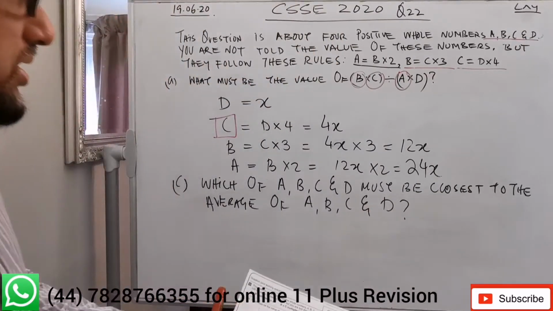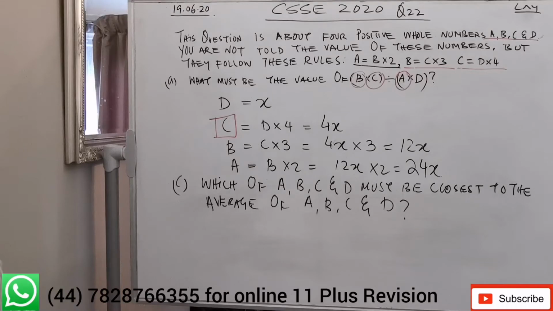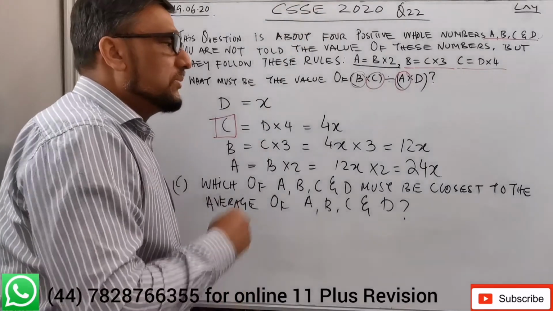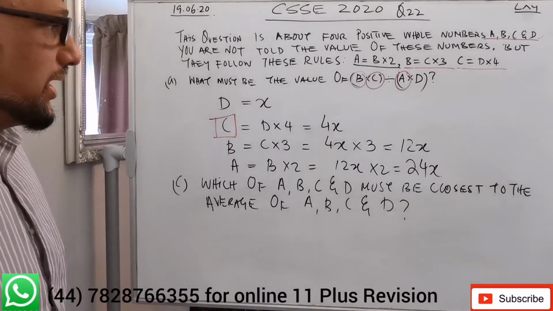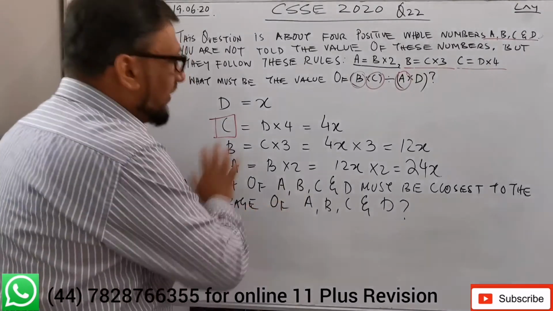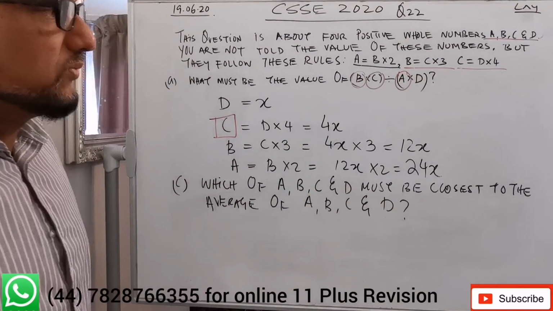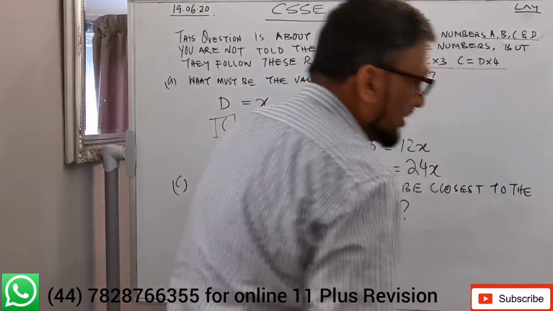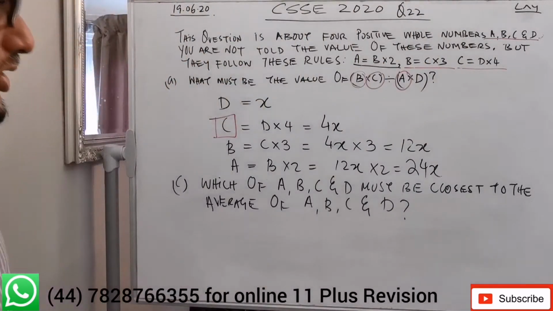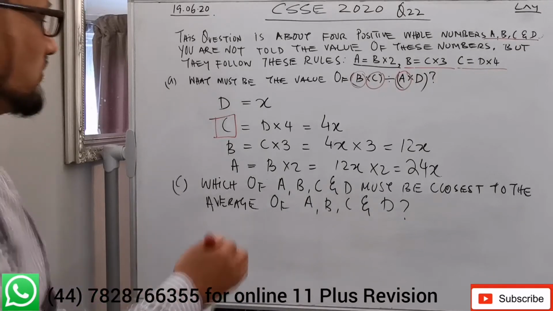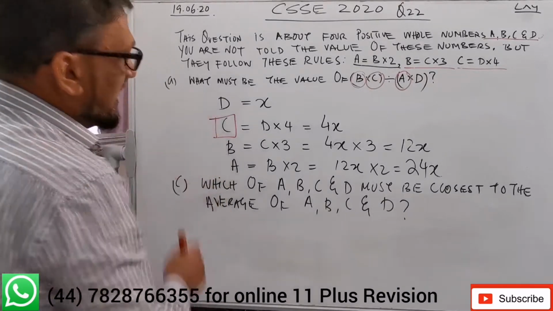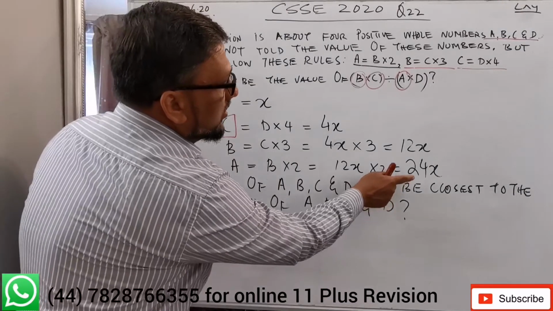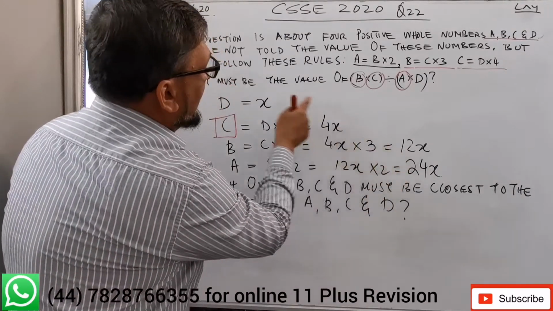In this question, if you recall my video about the mean, median and mode, we need to find the average. How can we find the average? We just sum up the data and divide by the number of data. They give you four numbers A, B, C, D, and the values are 24x, 12x, 4x and x.